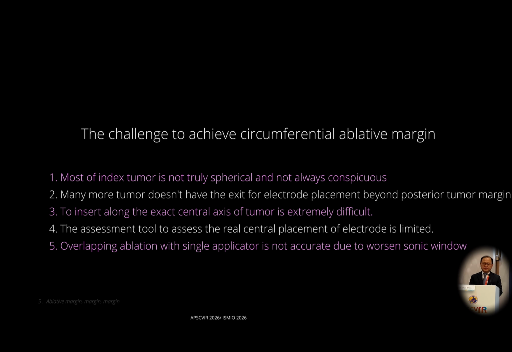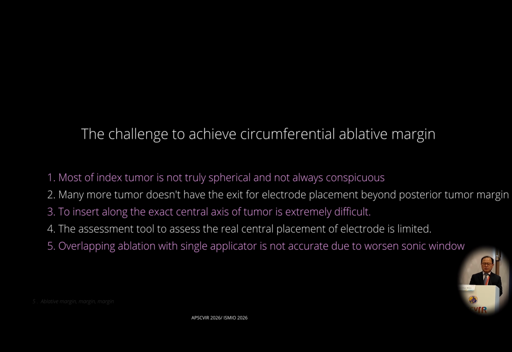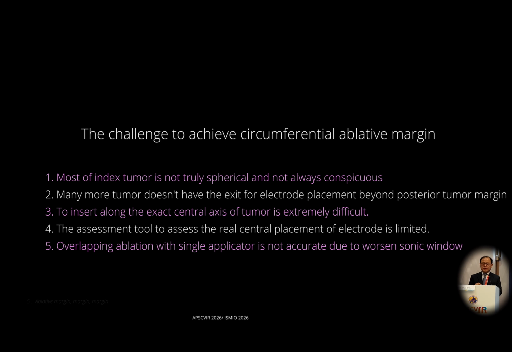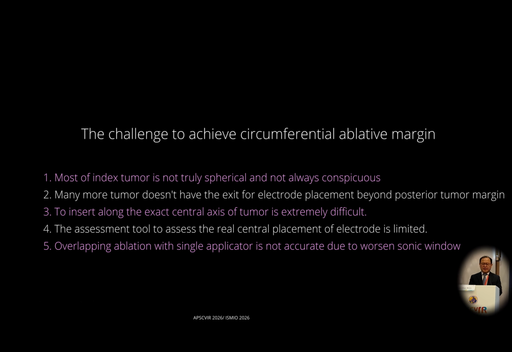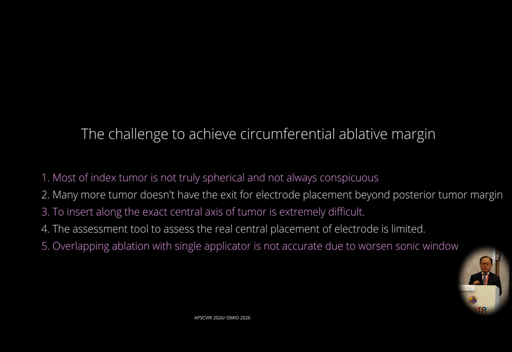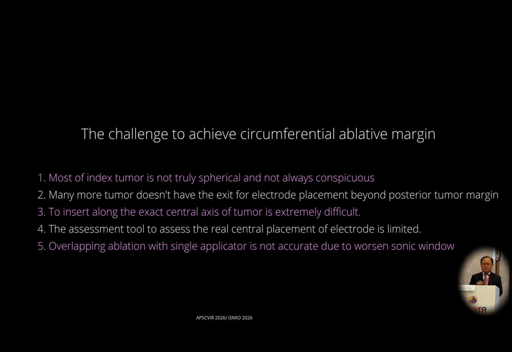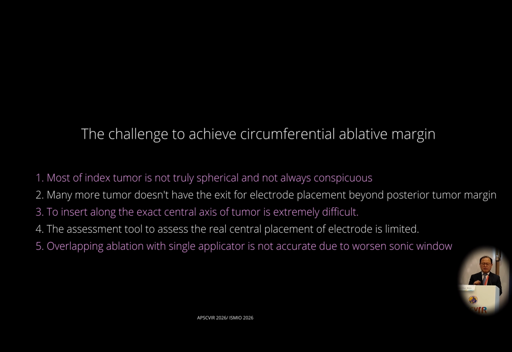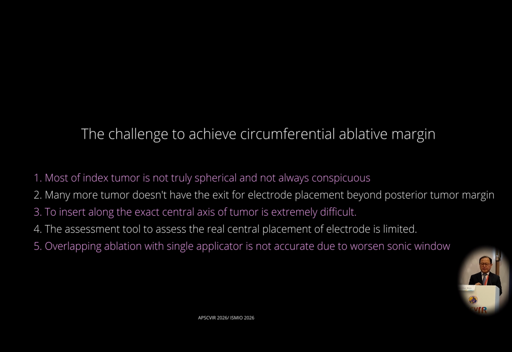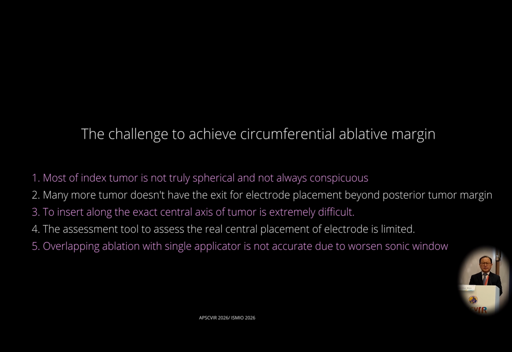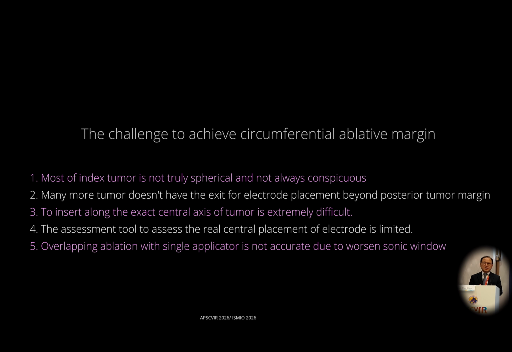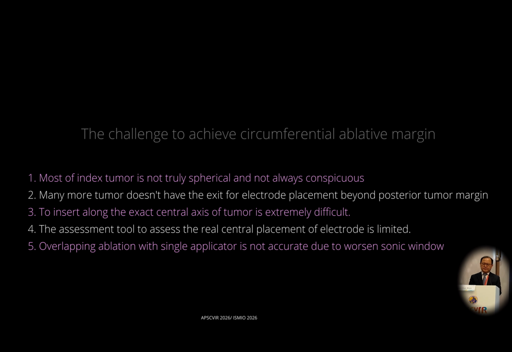This is very important. Third, to insert along the exact central axis of the tumor is extremely difficult. An assessment tool to assess the real central placement of the electrode is also currently limited. And finally, overlapping ablation with a single applicator is not accurate due to the limited sonic window. This is our limitation we should overcome.